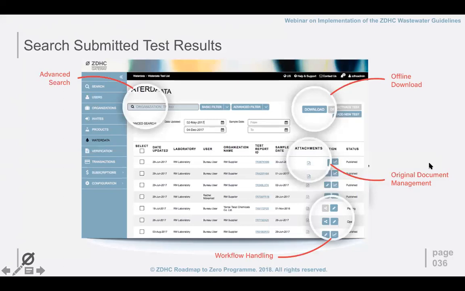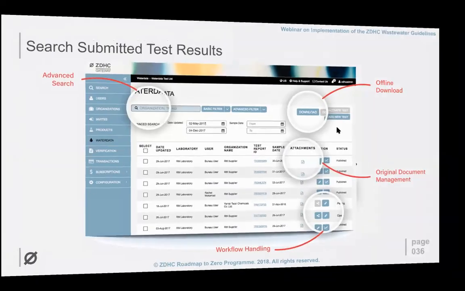Once you have the filter, you can view the test result, or you can also see the original documents, which are the lab reports submitted by testing laboratories. And of course, you can also download key data of the suppliers using the offline download buttons. Next slide, please.